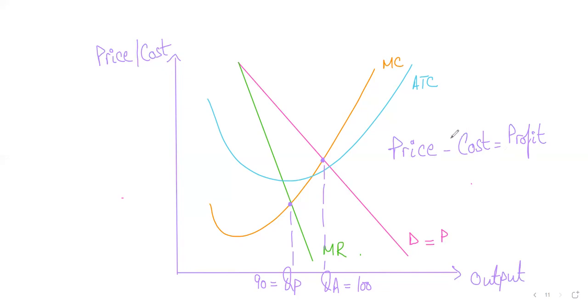So even if the cost of production is high, you don't need to worry about it if you're a monopoly. You can easily increase your price because there is no competition in the market, and you can still earn the higher profit that you need.